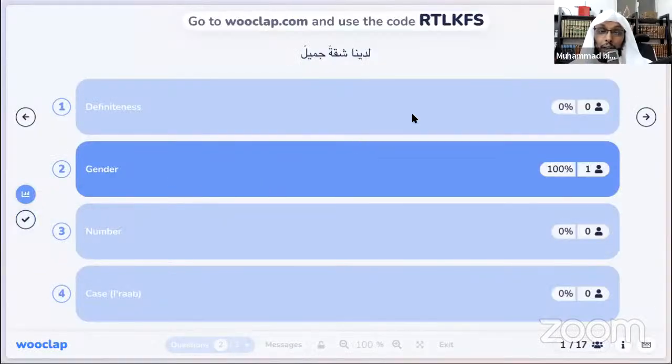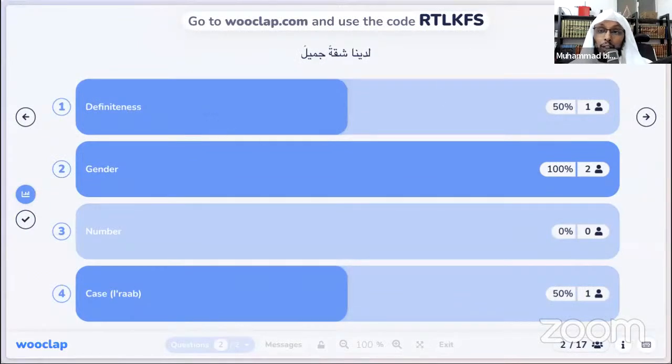What does that prove? That proves that it's easy, it's doable. So why are you finding it difficult then if it's that easy? Because it's new. New things need a bit of time before you can get used to them, inshallah.